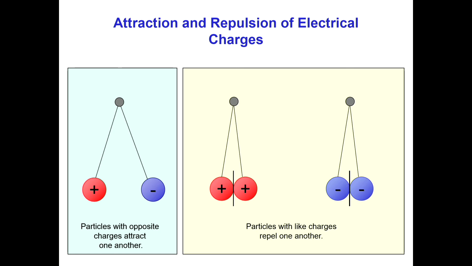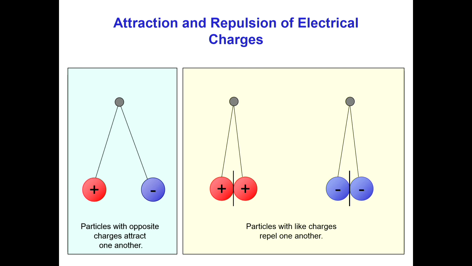So basically, here to show the attraction and the repulsion of the electric charges. So, for example, between these two atoms, when they have different charges, for example one is plus charge, another is minus charge, they will attract each other, right?